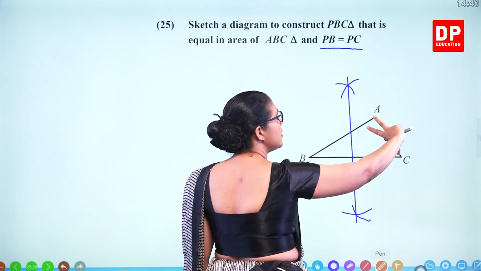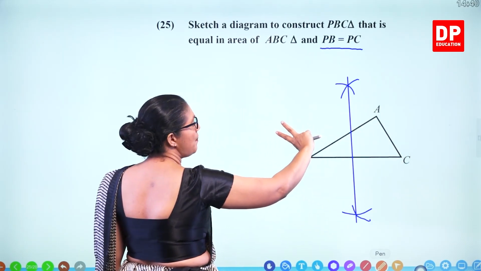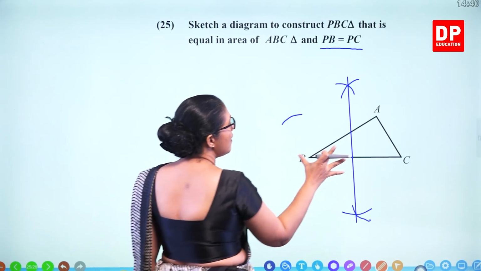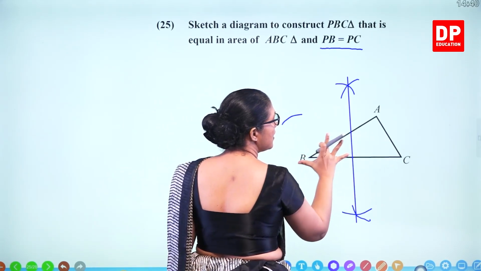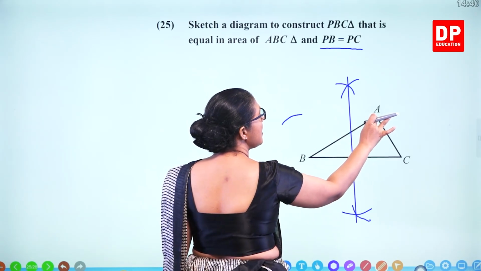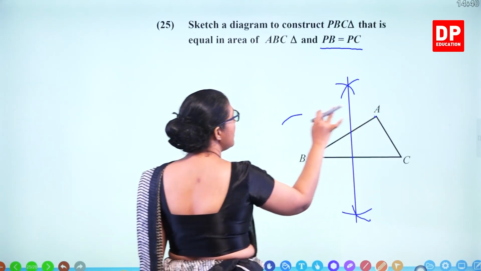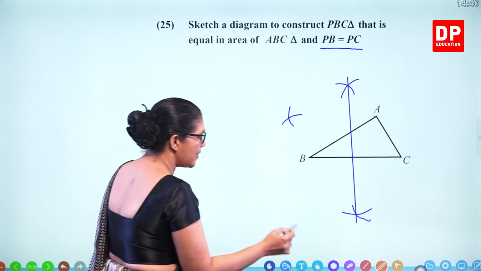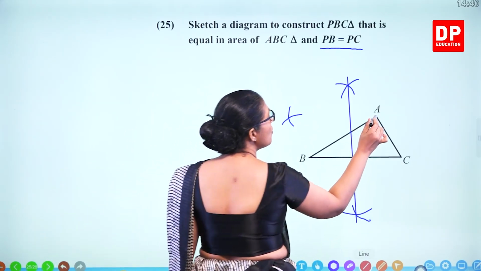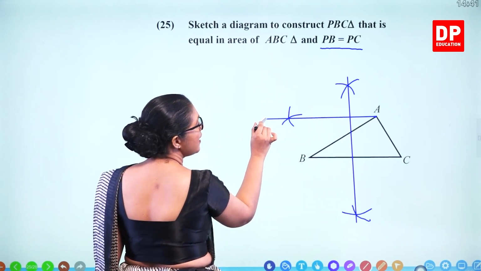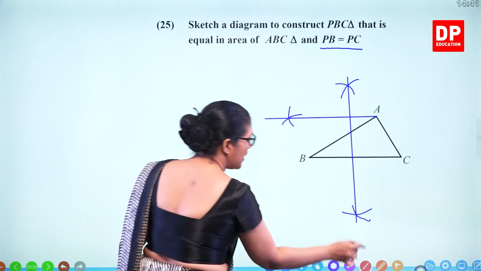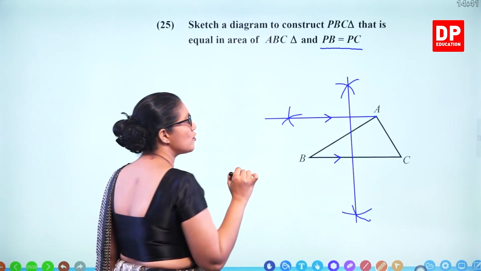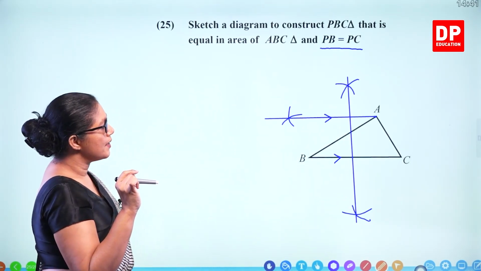You measure this distance, keep it here and draw an arc. Then from here to here, take this distance, keep the compass here and draw the other arc, same distance. Then you connect this point and this point. So this line is parallel to this line. So we use the parallelogram method.